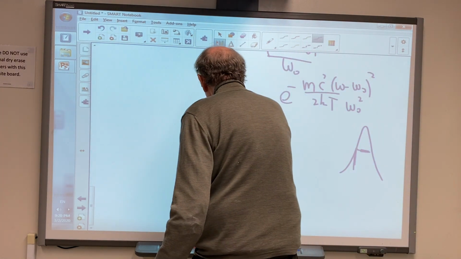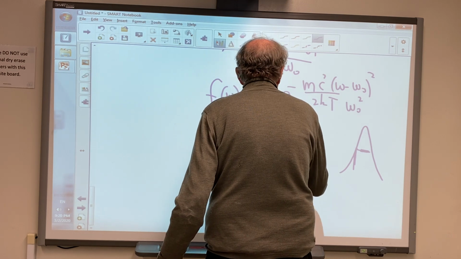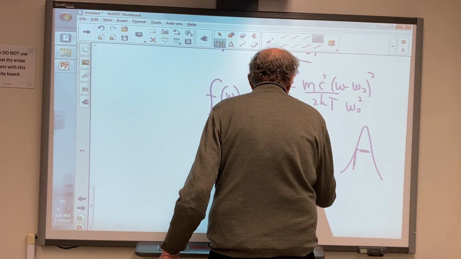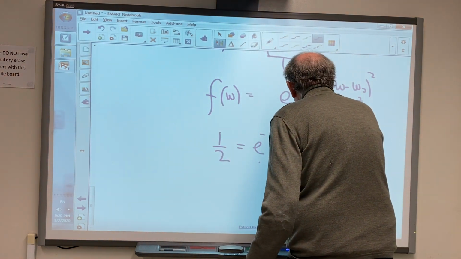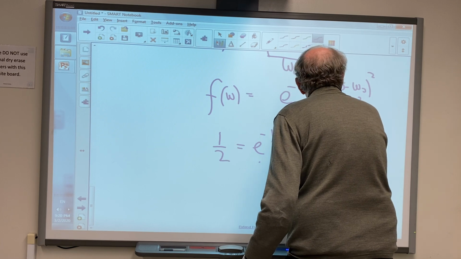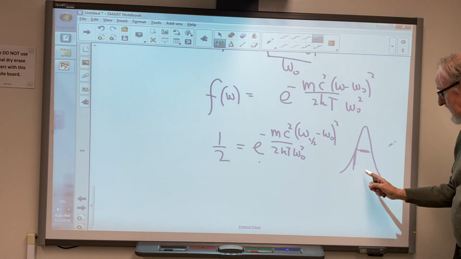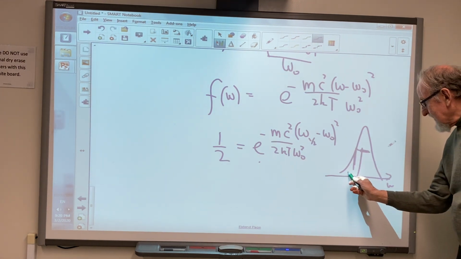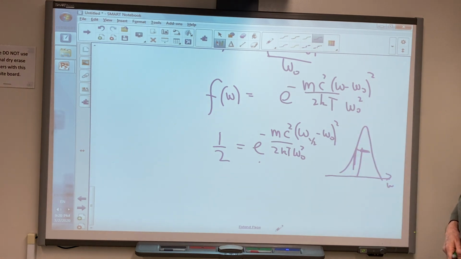So I want to see 1/2 equal to e to the minus mc squared over 2kT omega 0 squared, times (omega half minus omega 0) squared. This is what I call omega half. You understand what I mean by omega half: the omega such that the peak falls to 1/2 from the maximum.